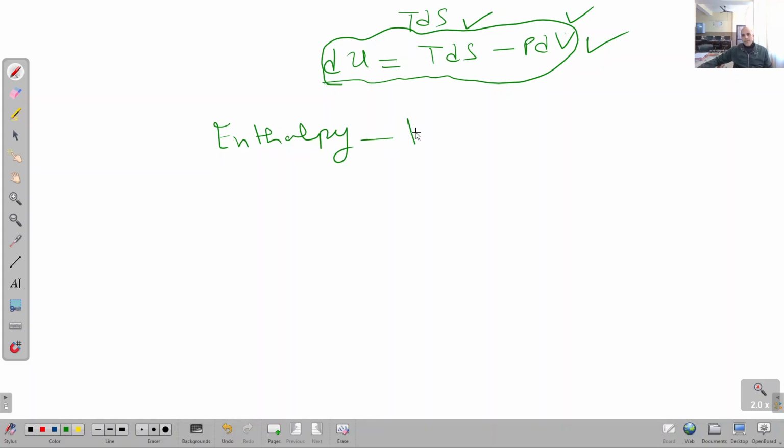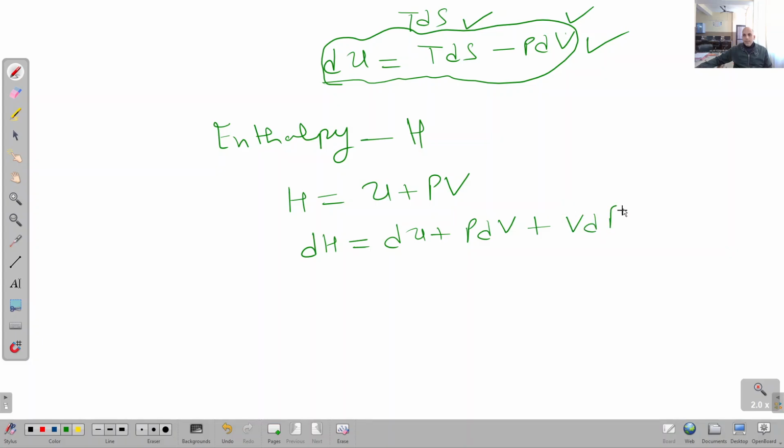It is denoted by H, and H is equal to U plus PV. If I take the derivative, dH is equal to dU plus PdV plus VdP, right?